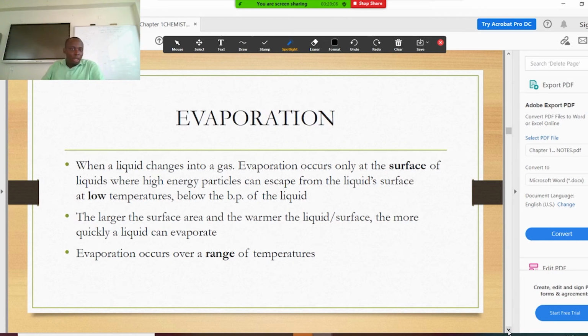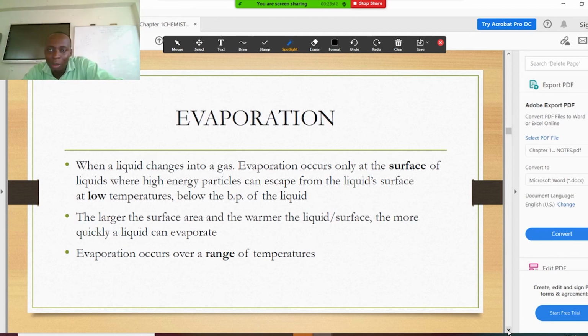Now, during evaporation, you have the conversion of liquid into gas. In fact, boiling and evaporation have one thing in common. You have liquid turning into gas in each of them. But the difference here is that evaporation only occurs at the surface of the liquid, where the liquid has enough energy to turn into a gas.